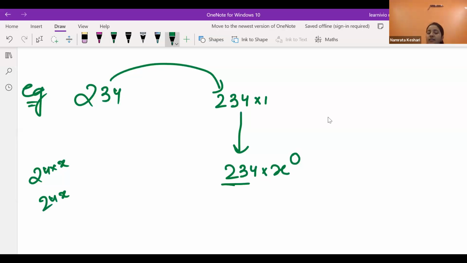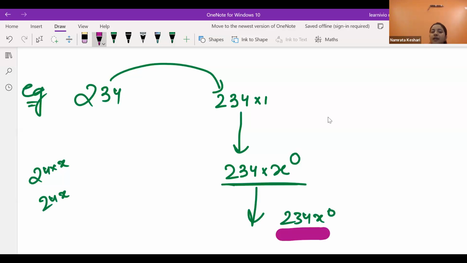So now we can write it as 234x to the power 0, right? Yeah, ma'am. Now just look at this one and tell me, is it a polynomial? Yeah, ma'am. It is, because the power has to be a whole number. Whole number starts from 0, and now we can say, yeah, it's a polynomial.